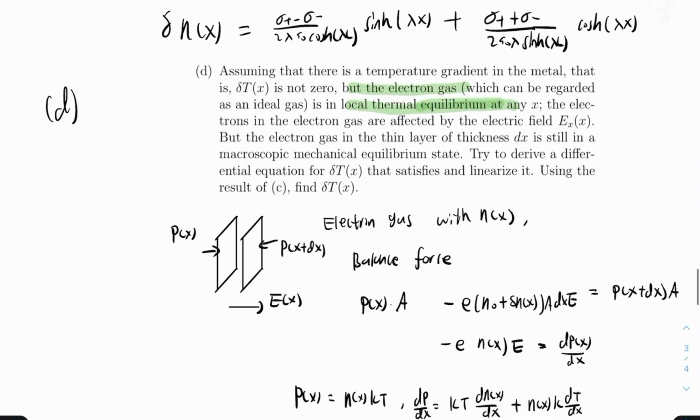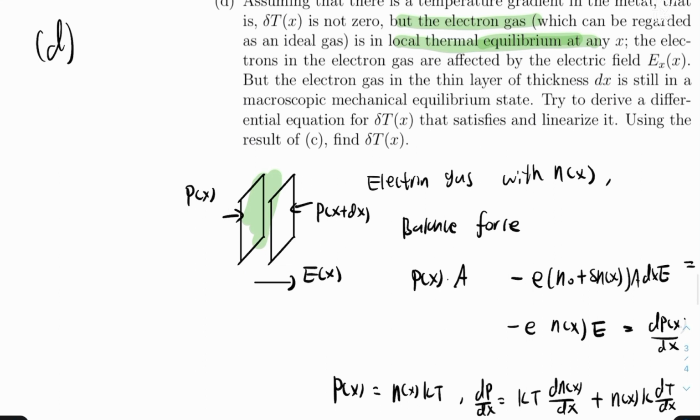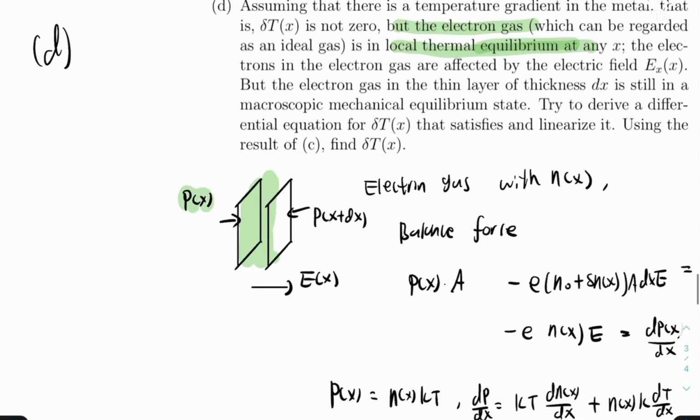So that means the net force applied to the electron gas over here is basically 0. And you need to consider the pressure from the left side and the pressure from the right side. So now let's consider the volume, which has surface area of A and width of dx.